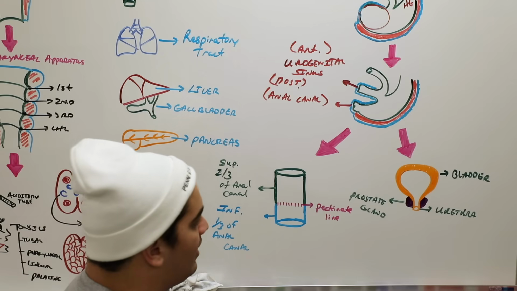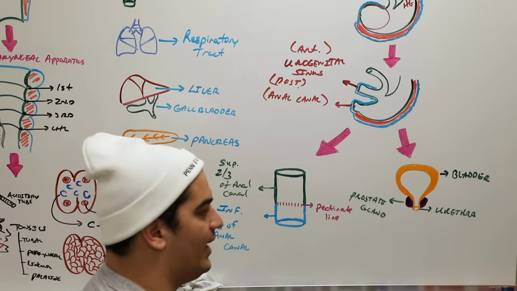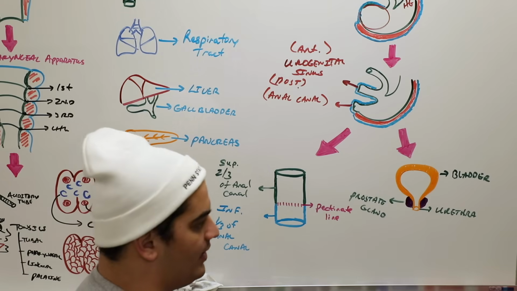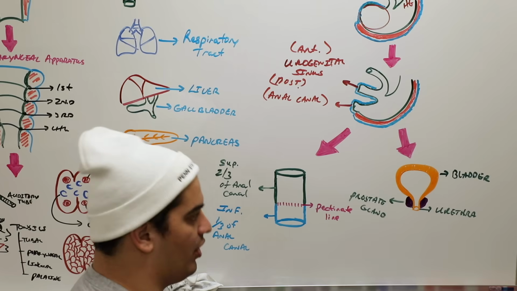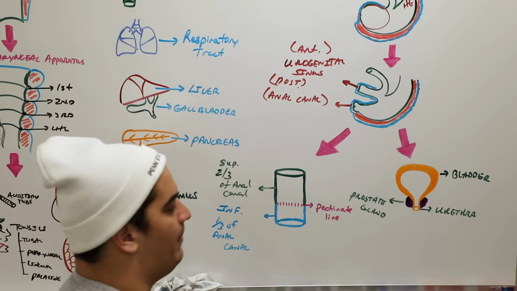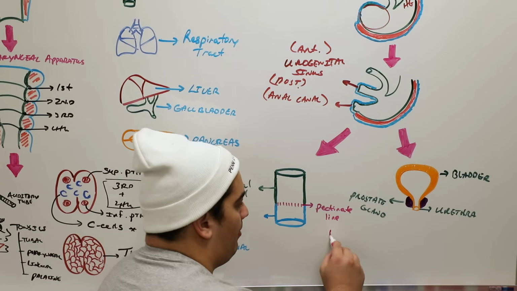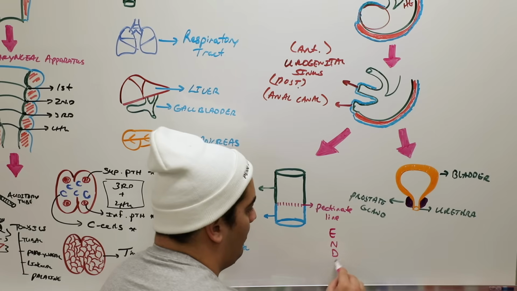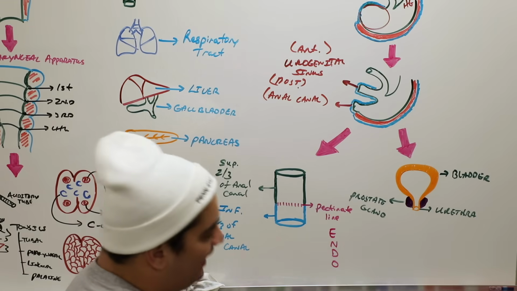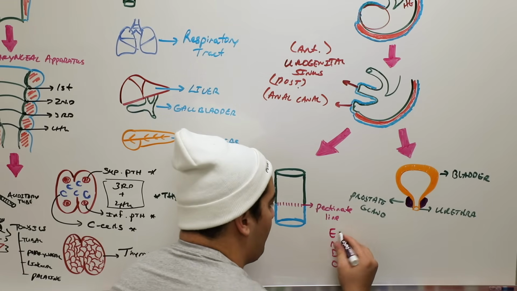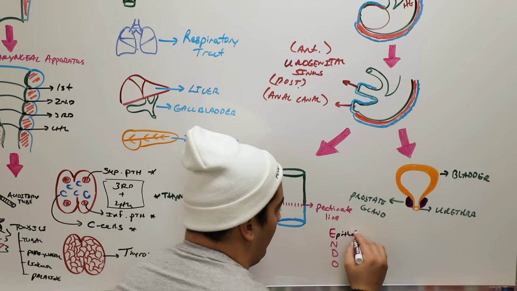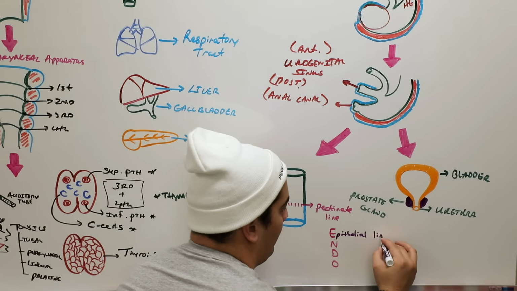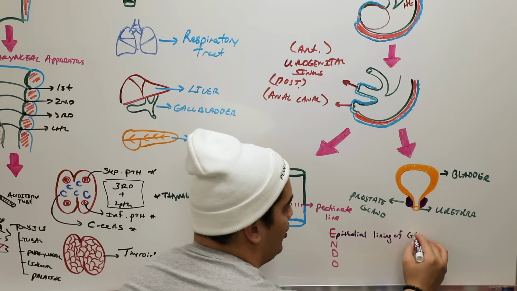All right, so the last thing that I want to do here is come up with a little mnemonic. It's not amazing, but it'll give you the basic things that you need to know for the endoderm, what structures are derived from it. And it's just remembering endo. E is the epithelial lining of the GIT.